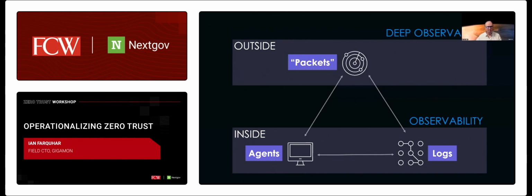All of these approaches are absolutely valid. But there's one thing that differentiates observability from deep observability. We are trying to judge whether something is trustworthy. We are trying to detect the presence of threats.